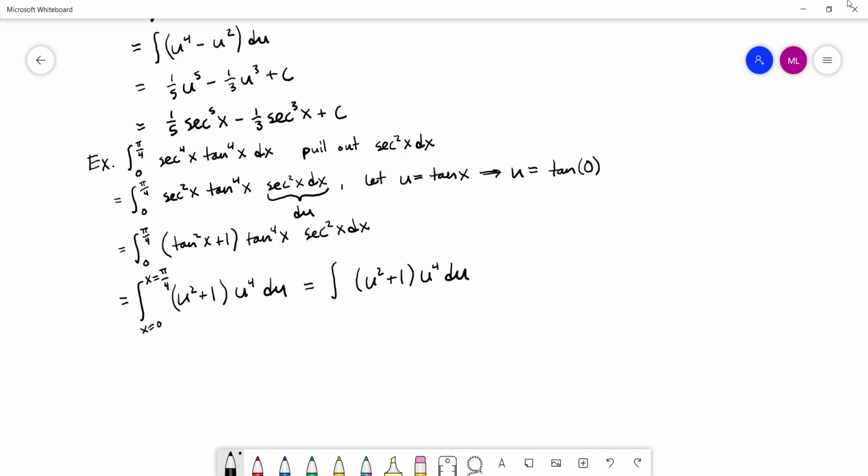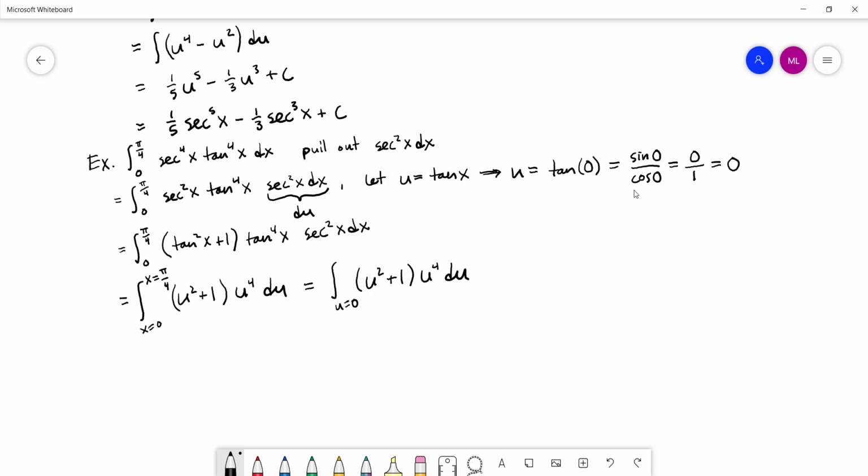But luckily, we can just rewrite it hopefully in terms of sines and cosines and use that to kind of jog our memory. So this is the same as sine of 0 over cosine of 0. Hopefully that jogs your memory. The sine of 0 is 0, the cosine of 0 is 1, and this whole thing is 0. So turns out x equals 0 corresponds to u equals 0 as well.